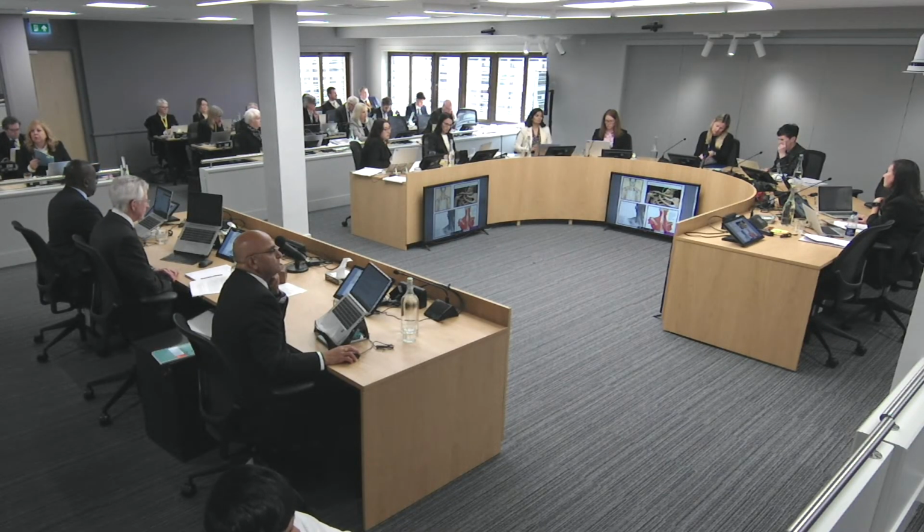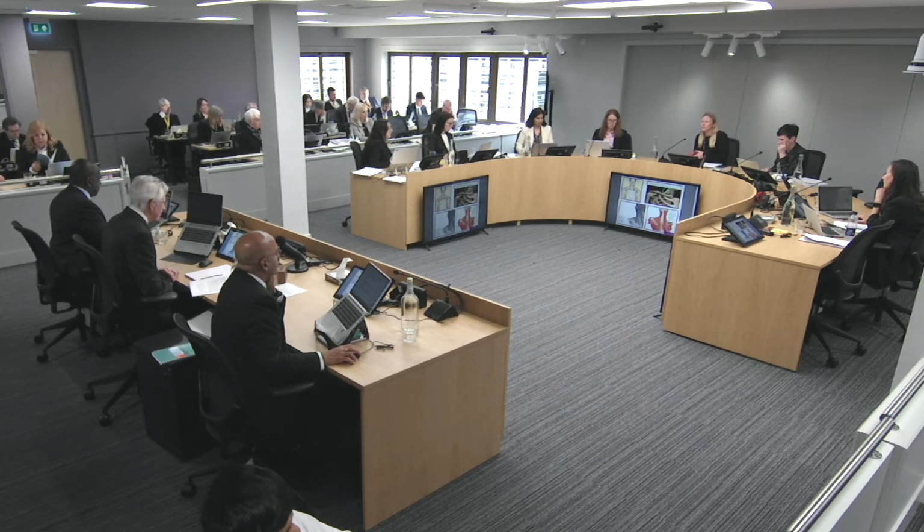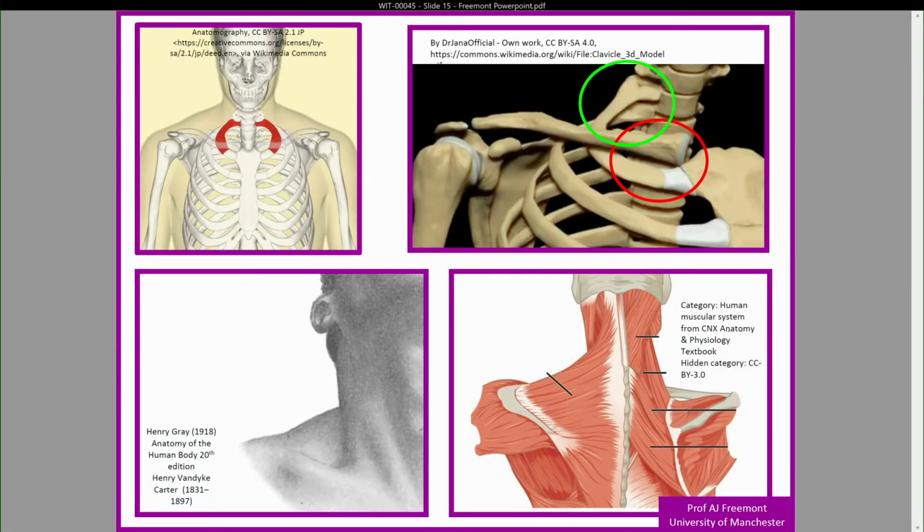Here we are. I think you've been shown this and asked to comment. And just for the purposes of identifying where the first rib is, you've obviously given your explanation. And can we see on the top left, there's an area highlighted in red. And so what would be the left first rib?